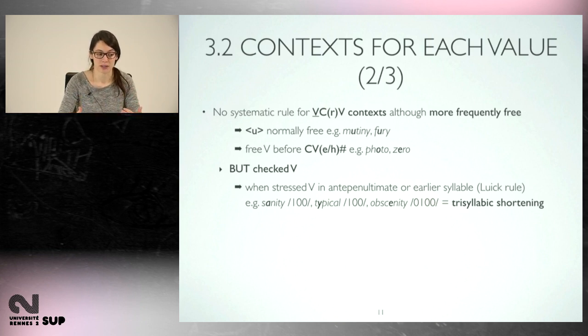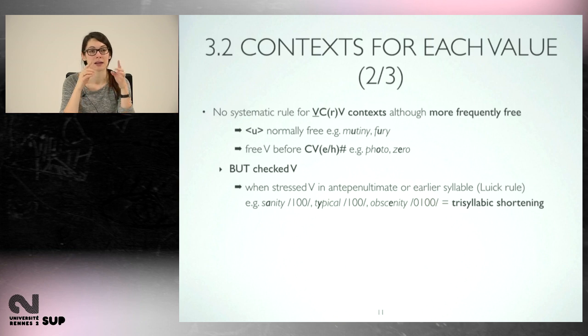So what happens, in fact, is that when you add a suffix, such as ity or ik, or obscenity as well, there's a shortening of the vowel, which is due to the fact that you add syllables after the stressed vowel. And in English, in order to maintain a regular rhythm, where stresses occur at regular intervals in time, the more syllables you have in a word, the shorter the syllables will tend to be.